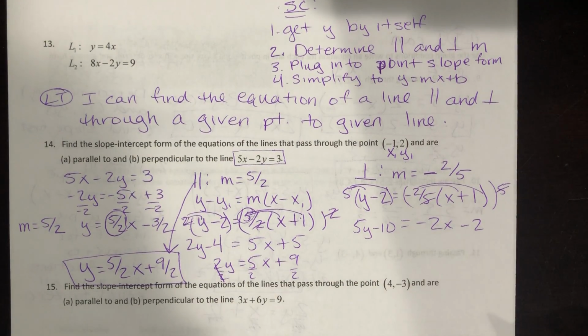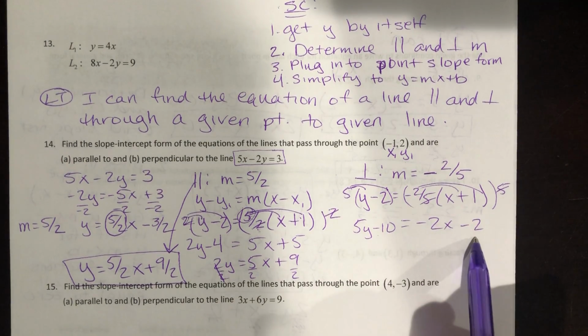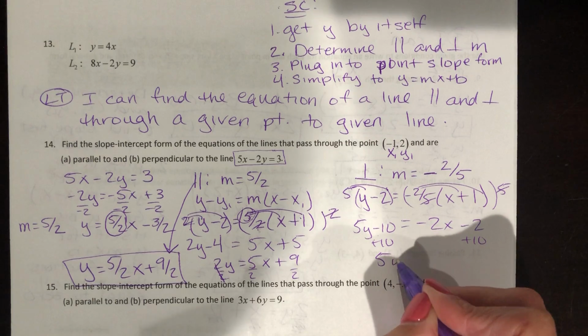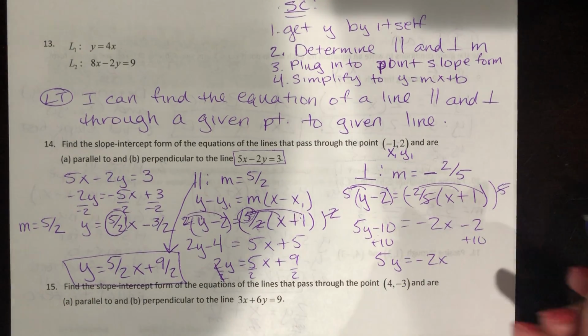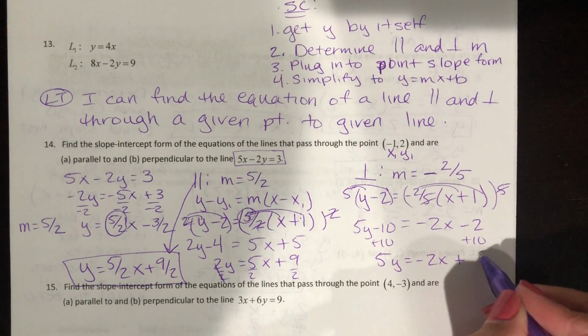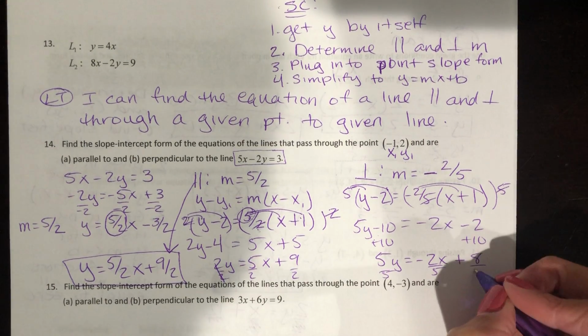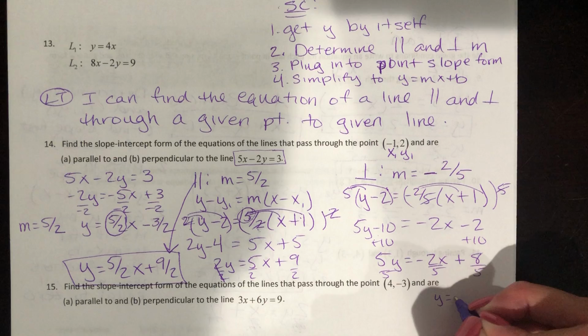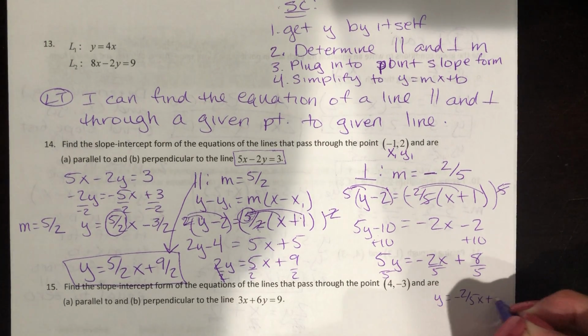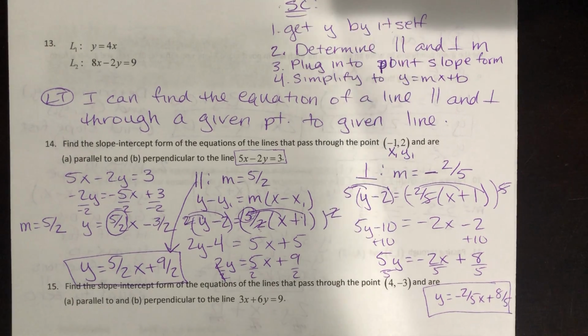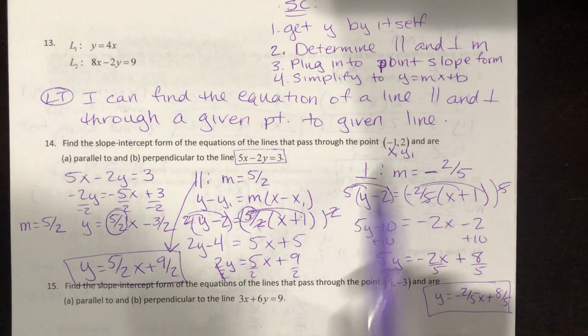And then I need to get y by itself, so I'll add the 10. And divide by 5. So y equals -2/5 x plus 8/5. And that would be my perpendicular line.